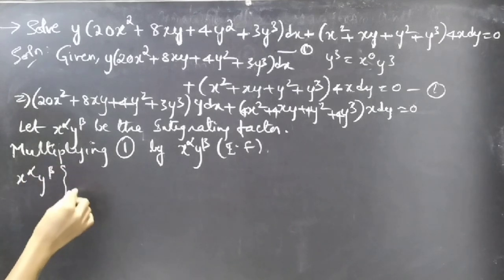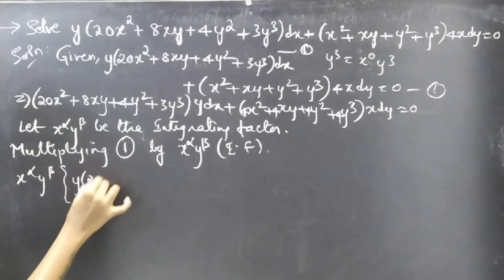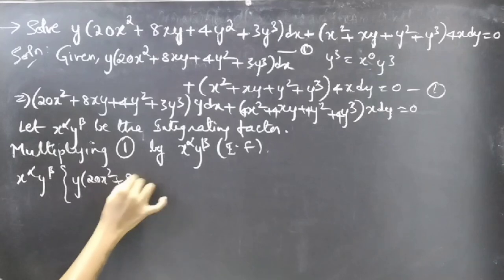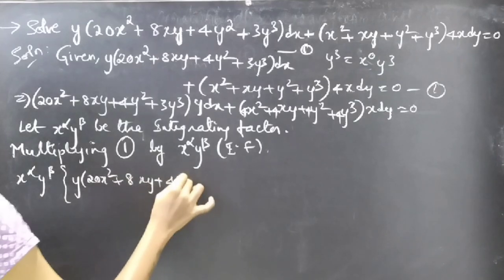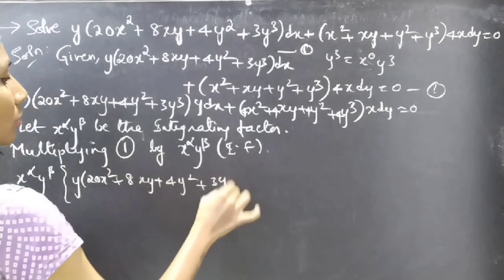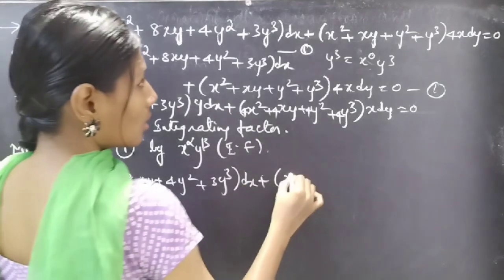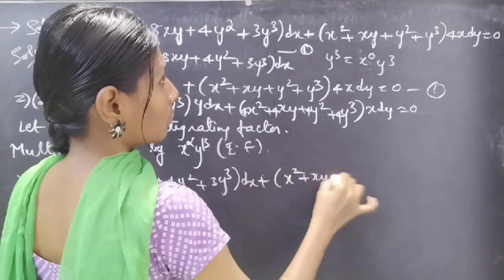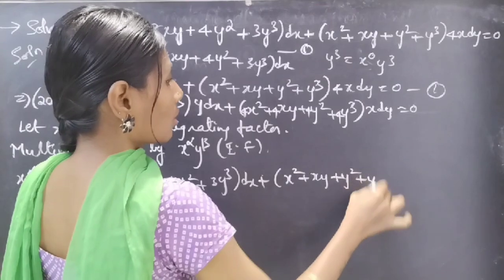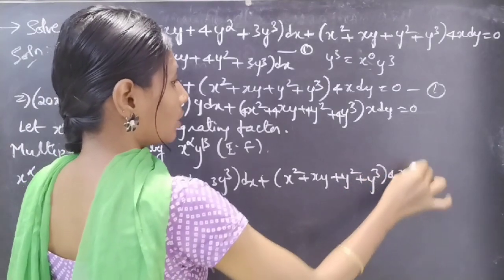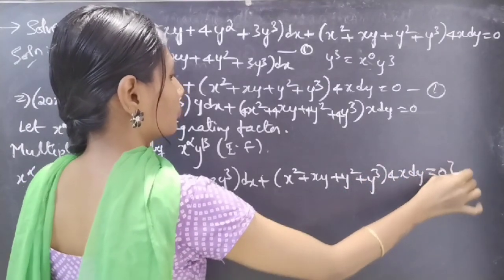We have equation 1: y times (20x² + 8xy + 4y² + 3y³) dx + (x² + xy + y² + y³) times 4x dy = 0.